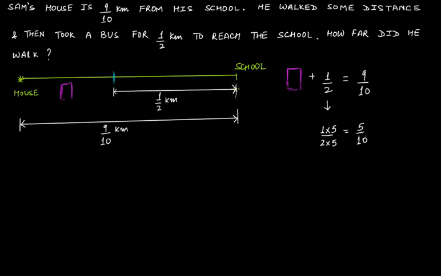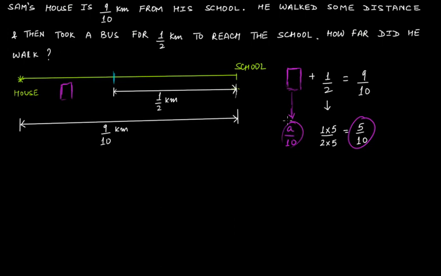So we have converted this particular fraction into its equivalent fraction having denominator 10, and we will assume that the other fraction is some a over 10. That is, it is a like fraction to this one, so it will have its denominator as 10, and a can be any arbitrary number that we have to find out.